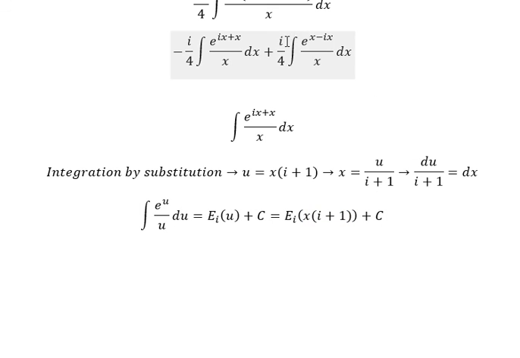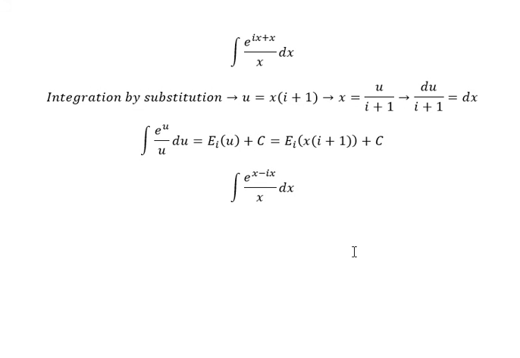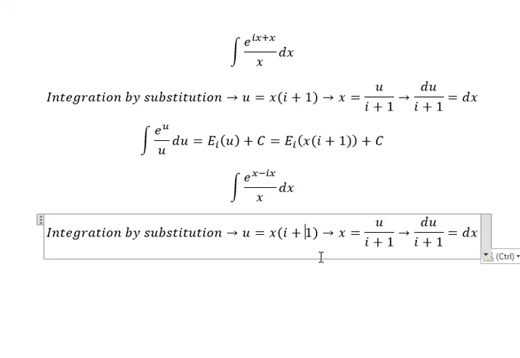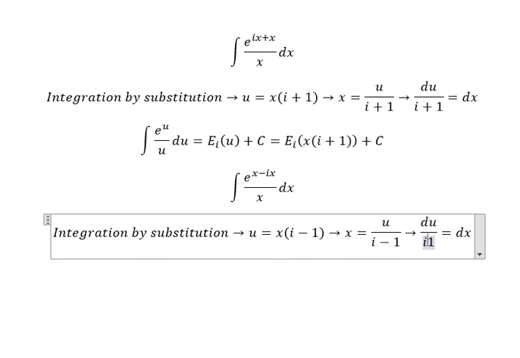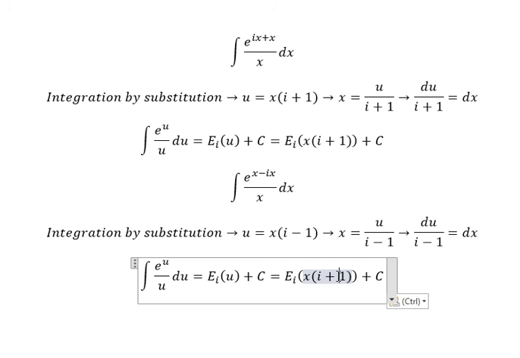Now we do similar for the second one. And here we do the same thing, but we just change is to negative is. So you get the same thing, but we just change in here.